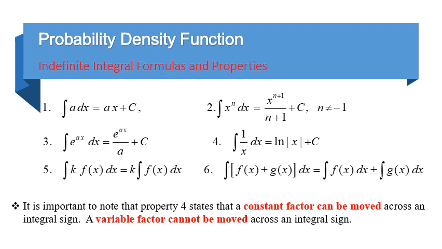If you are integrating like rule 5, a constant multiplied by a function of x, f of x, you take the constant out, which is k, then you integrate the function of x. Last rule, if you are integrating a function of x plus or minus another function of x, you can integrate each part separately.